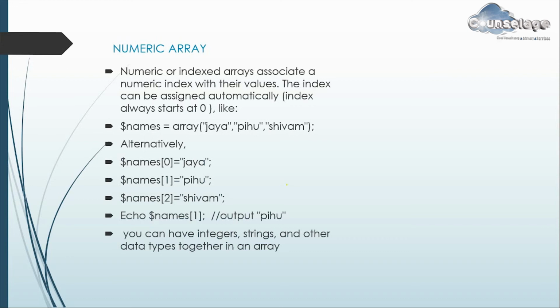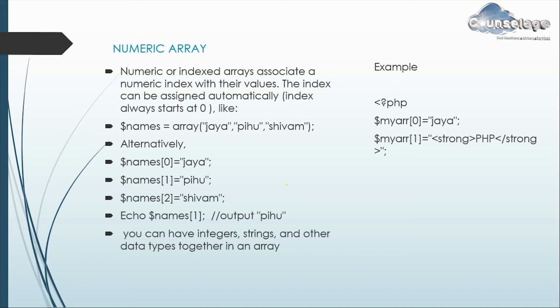You can have integers, strings and other data types together in an array. Example, array here is myArray, and at its 0th position the value is Jaya.